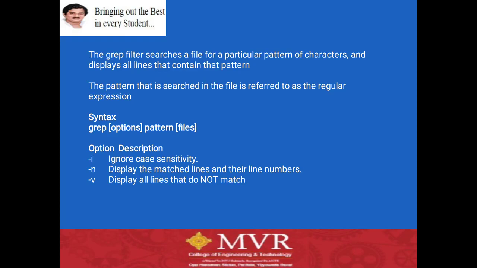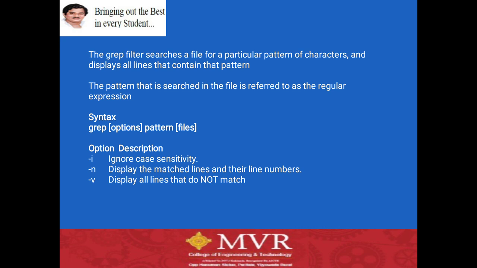The second option with grep is the -n option. What is this -n? This -n displays the matched lines and their line numbers. Normally grep only prints the lines in the output. It will not print the numbers of the lines. If there are 5 lines and the first and fifth lines are matching, it will display the first line and fifth line, but it will not display the line numbers.